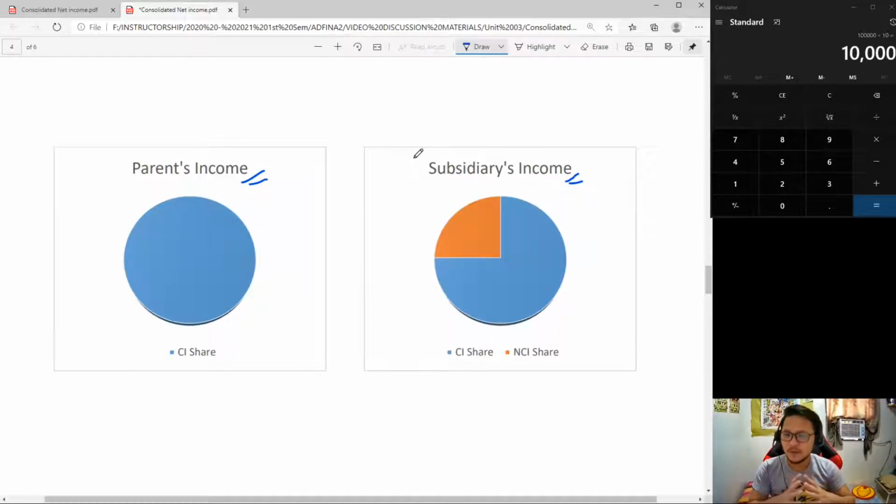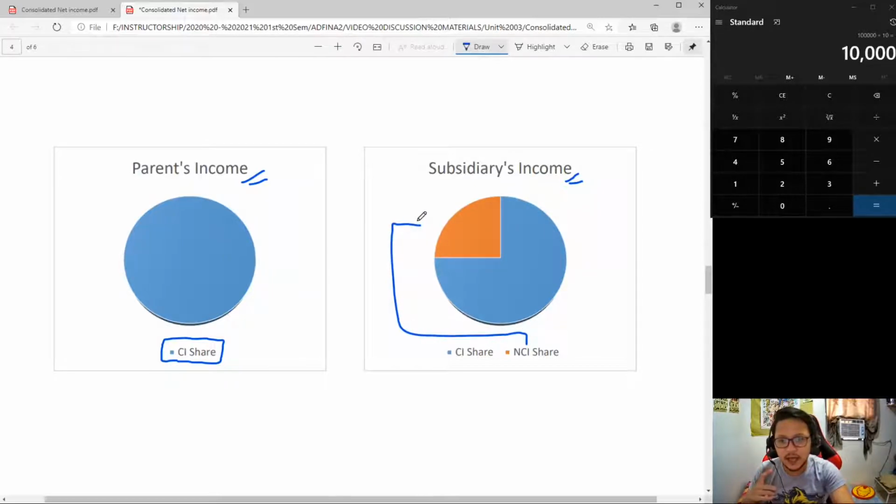So by way of common sense, we can conclude na lahat ng net income ni parent will accrue only to controlling interest. Alangan naman mag-share si NCI sa income ni parent, no? Hindi po. Kasi si NCI is simply a component of the subsidiary. And at that, NCI is only 25% of the subsidiary.